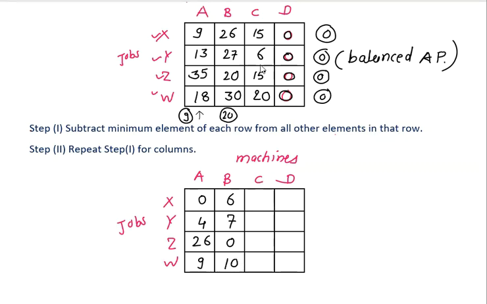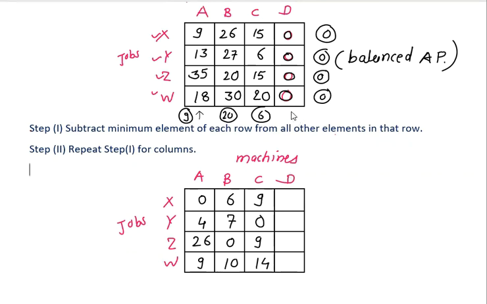Now column number 3, what is the smallest number? Smallest number is 6. Subtracting 6 from all the entries in column 3, we get 15 minus 6, 9. 6 minus 6, 0. 15 minus 6, 9. 20 minus 6, 14.